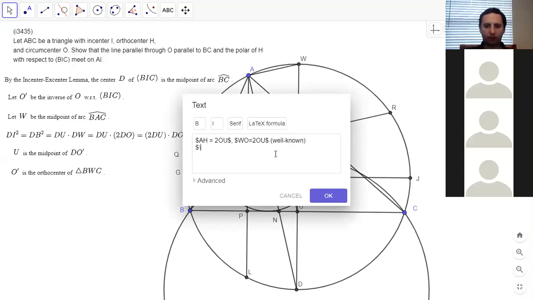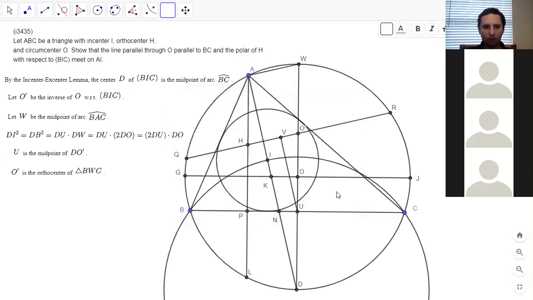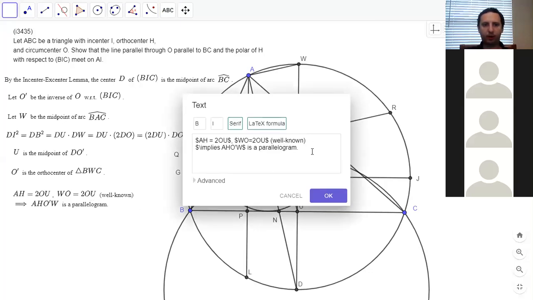And so that implies AHO'W is a parallelogram, and that implies HO' is perpendicular to AI.